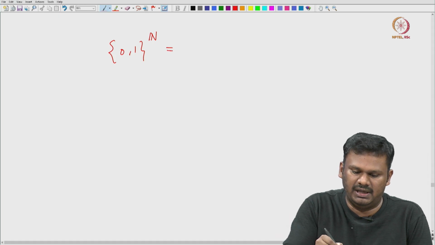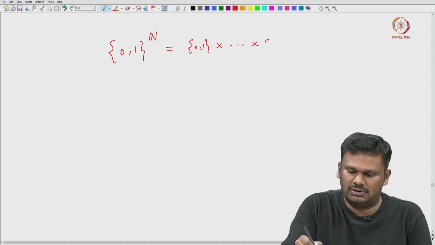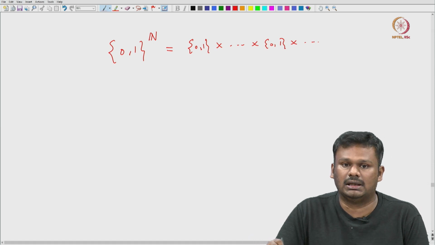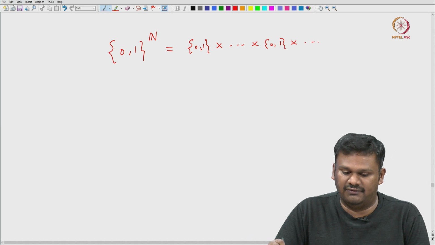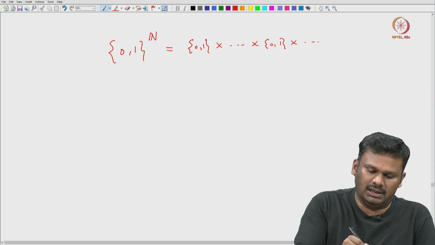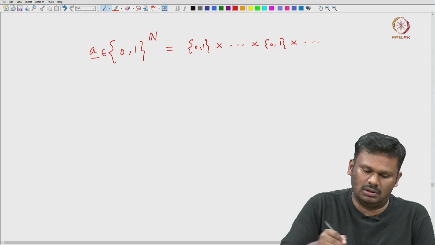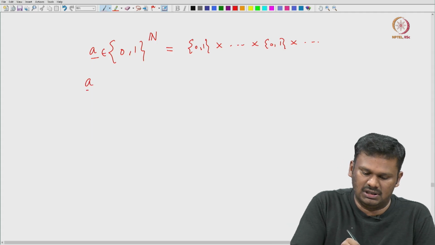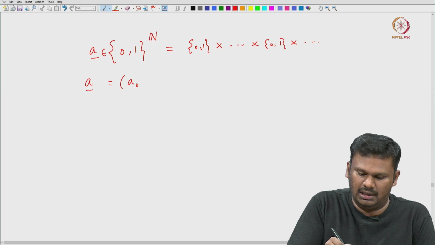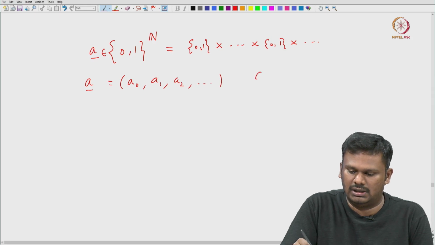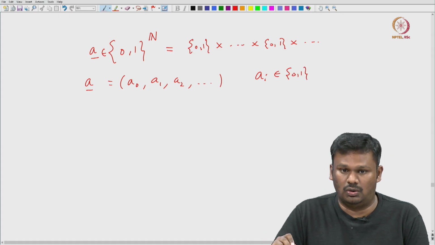So, this means we have {0, 1} times etc. times {0, 1} and then times etc. We are taking the countably infinite product of {0, 1}, and any typical element a bar is going to be a sequence denoted by a0, a1, a2, etc. Now, note that all these a_i's are coming from {0, 1}. So, it is either 0 or 1.